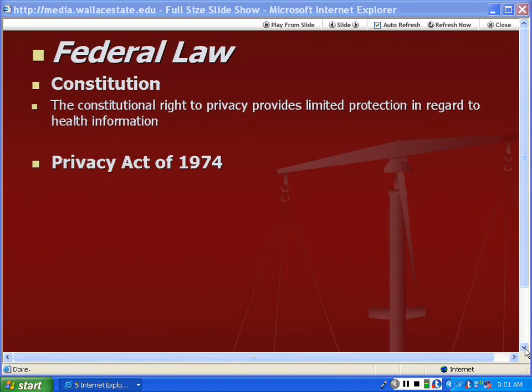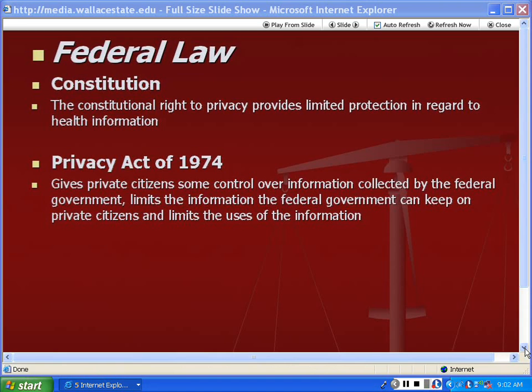And what the Privacy Act does is it gives private citizens some control over the information that's collected on them by the federal government. It limits the information the federal government can keep on private citizens, and it limits the uses of the information. So, in other words, it keeps private information that's gathered on citizens that's kept by the federal government.